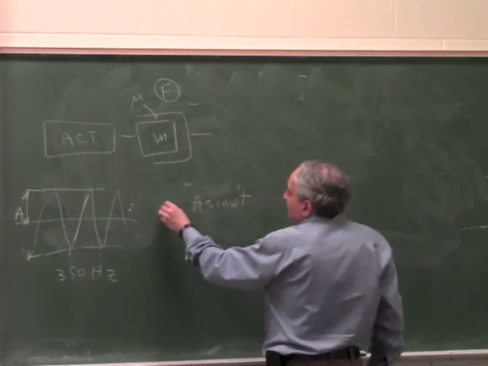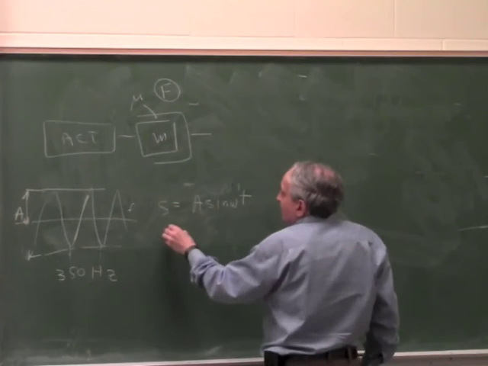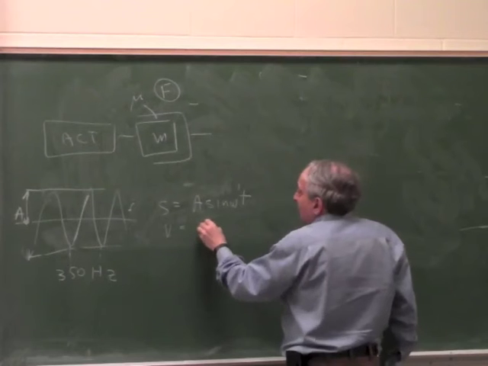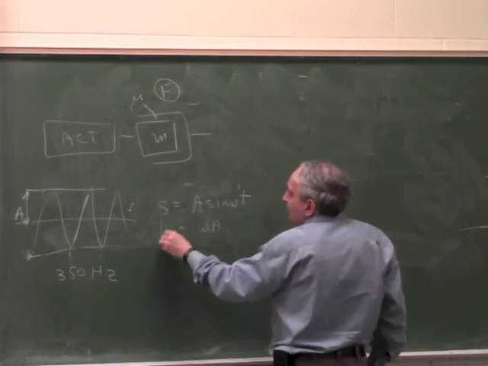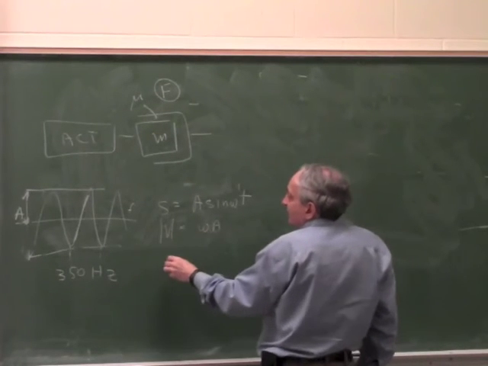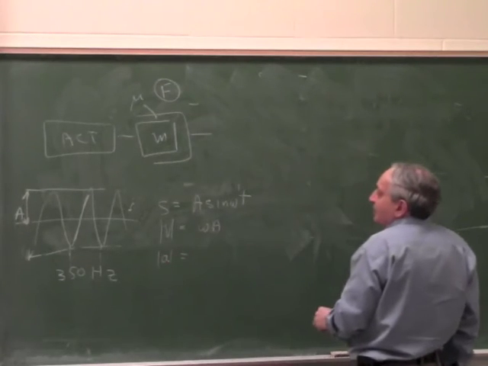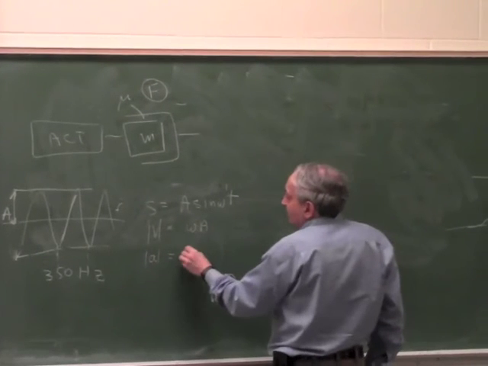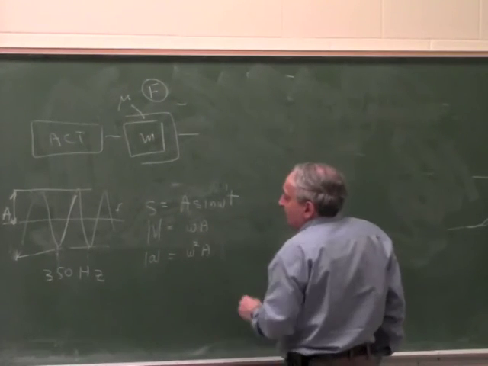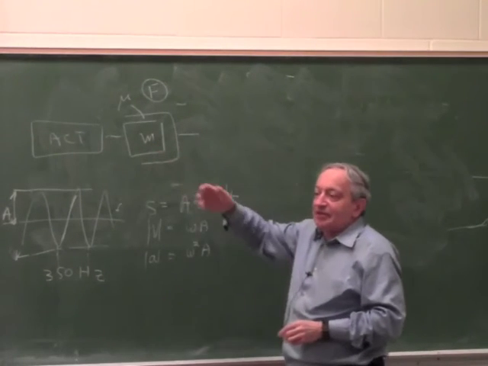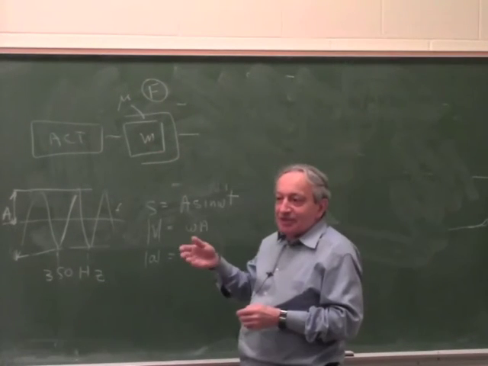The maximum velocity is omega A, and the maximum acceleration is going to be omega squared A. If I multiply this by the mass, I'm getting the maximum force.